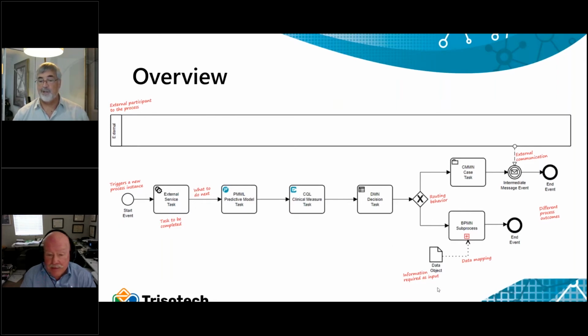We also have the notion of information required as input. So we see that this data object, this information, is provided as an input to this sub-process. The plus means that this activity is a compound activity that's hiding more details. By pressing on the plus, I can get to the detail.